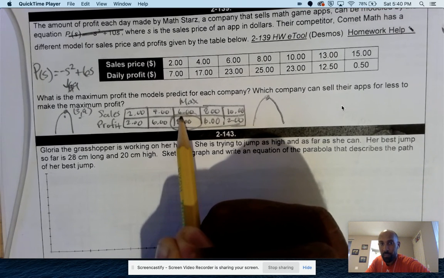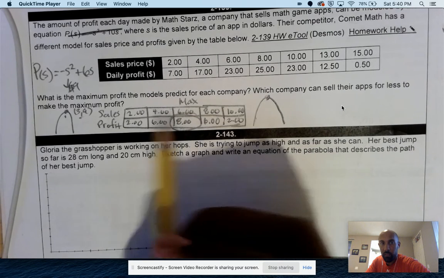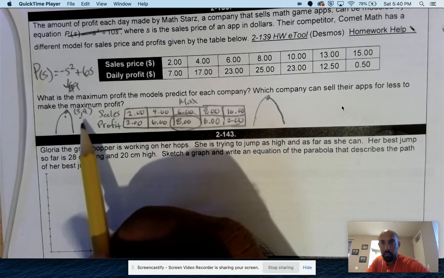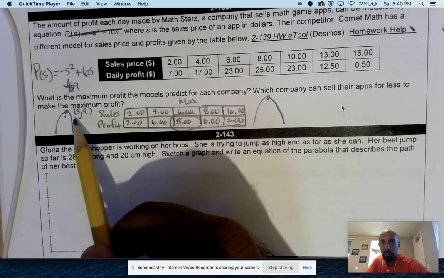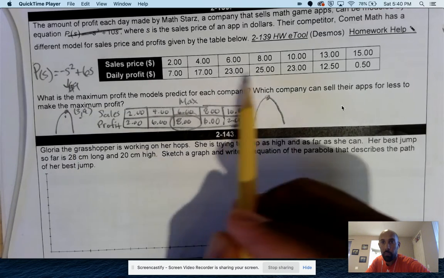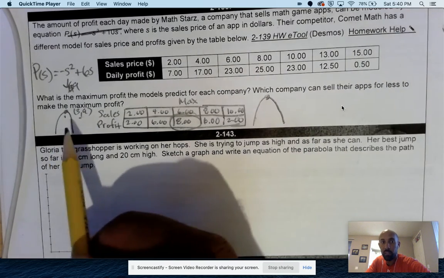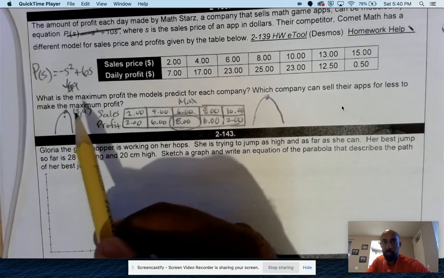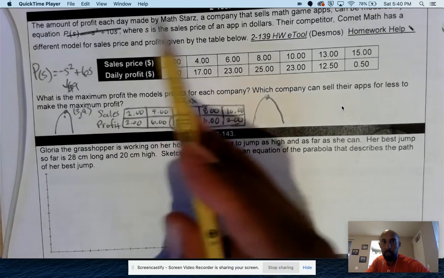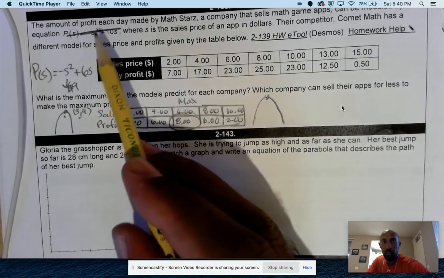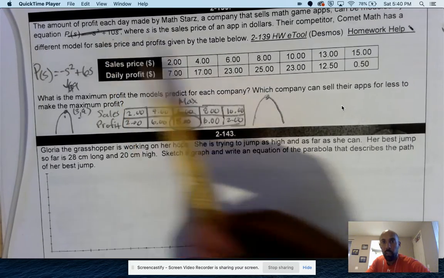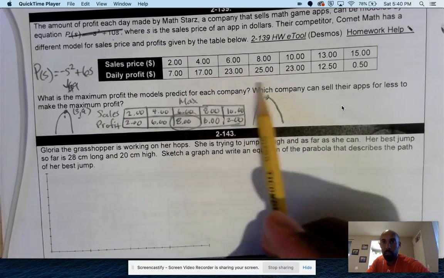So obviously this is the better deal. They're making more money. Again, the question was which company can sell their apps for less? They're selling it for less to make their max profit. That would be MassDarts in this case. So go ahead and plug this one into Desmos and then compare it to your common math problem here.